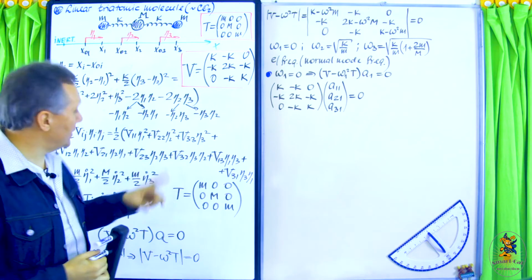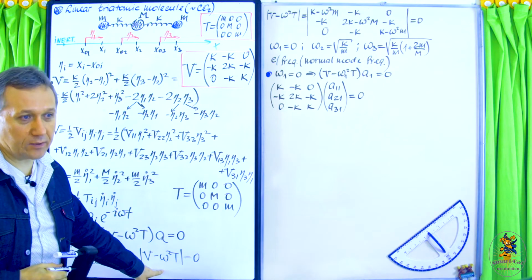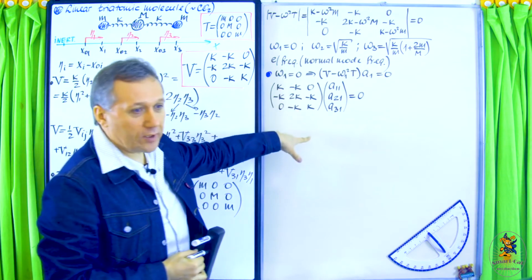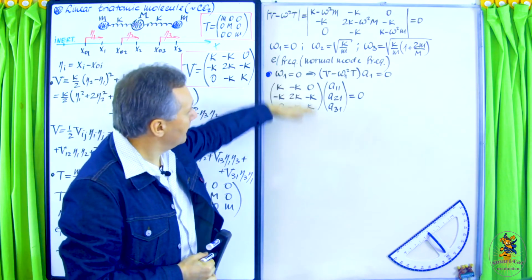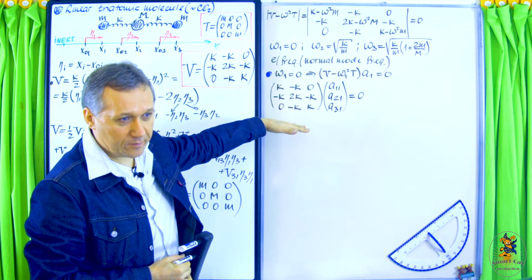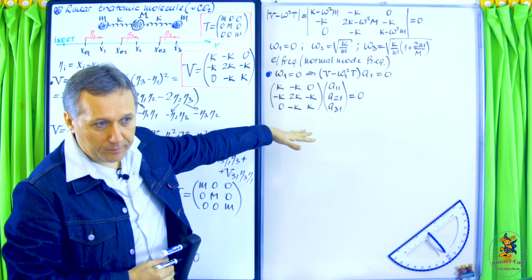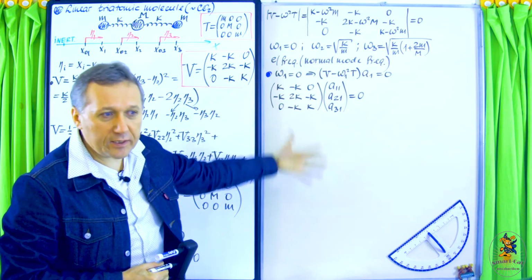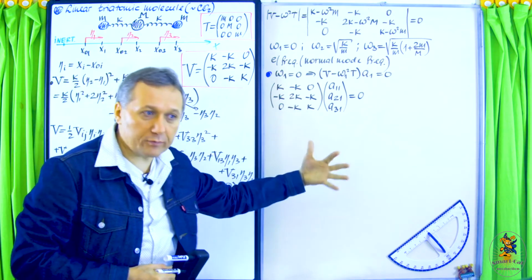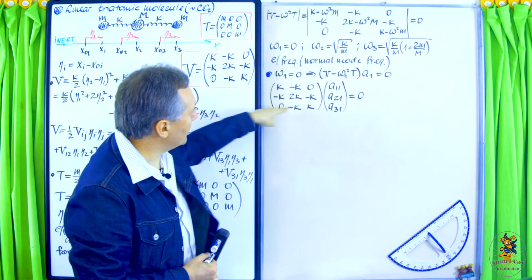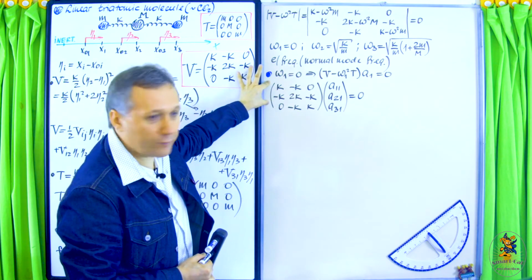Again, what does it mean that we demanded the determinant equals 0? It means that in this matrix, one row or one column can be written as a linear superposition of the rest of the rows or columns, right? In this case, for example, the last row can be constructed out of the first two.